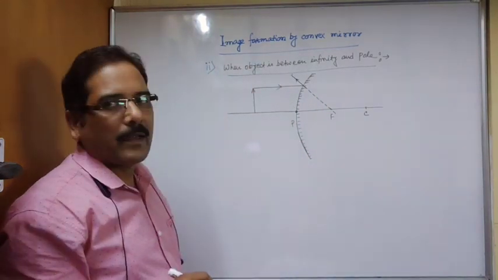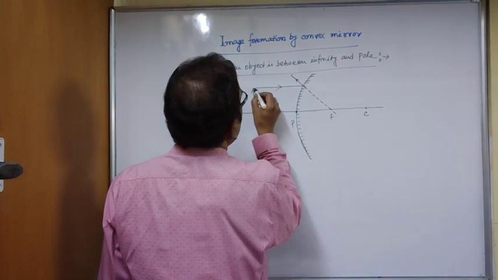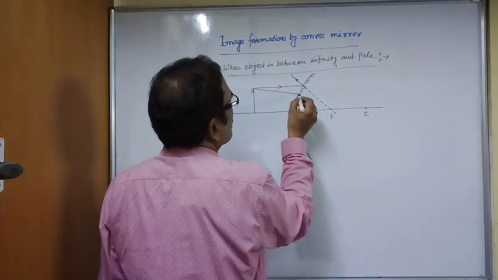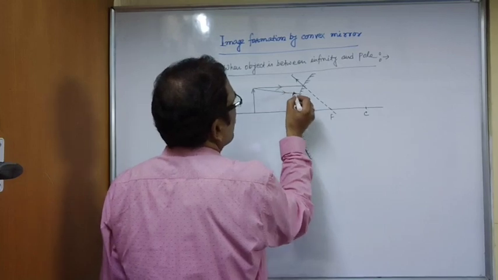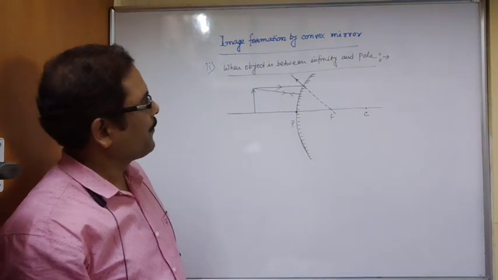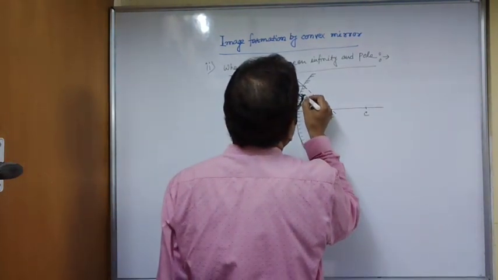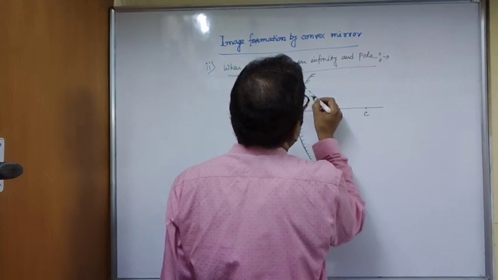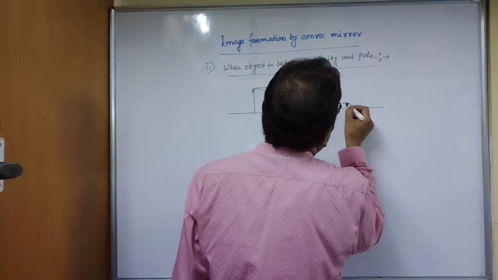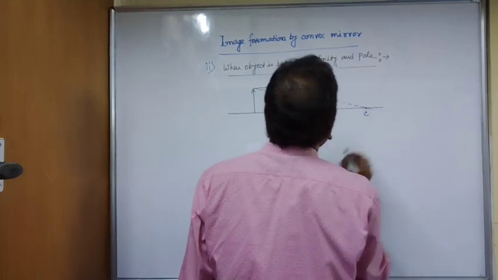Take another ray through the center of curvature of the spherical mirror. So suppose this is the ray. Actually this ray will reflect back after striking the mirror, but it will reflect back in the same direction, because if we produce this ray, then it will pass through the center of curvature of the mirror.